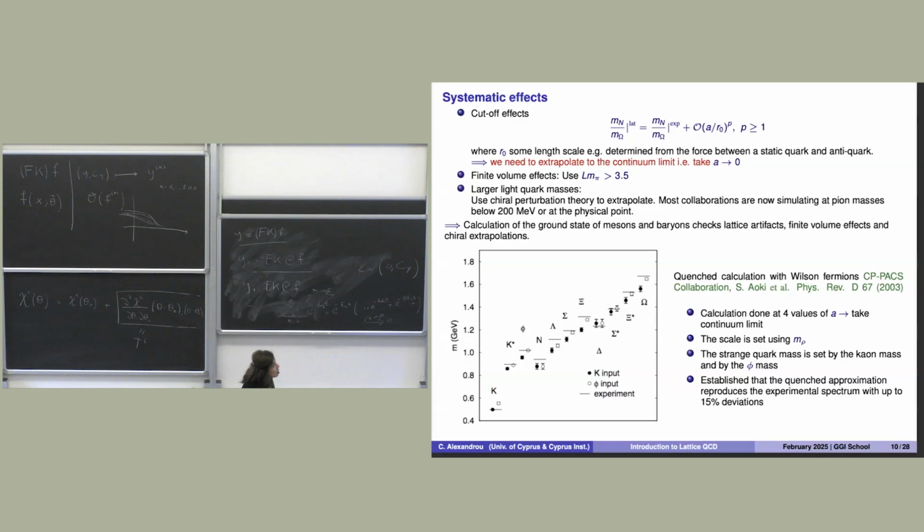Everything that I calculate on the lattice are dimensionless quantities. I calculate a times the nucleon mass, for example, or a times the omega mass. So they're dimensionless. Before I fix my lattice spacing, I don't know what the physical value is.